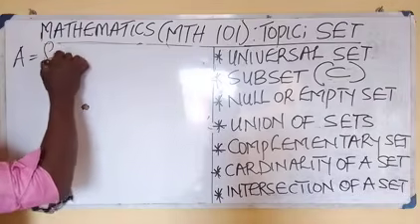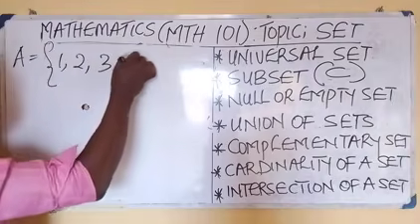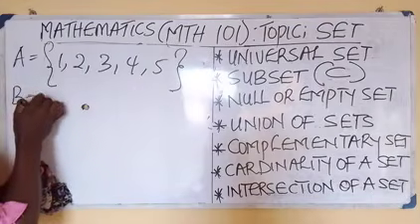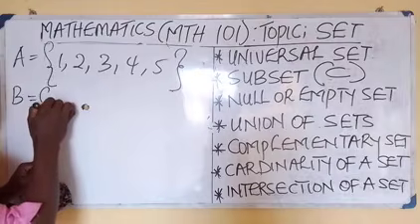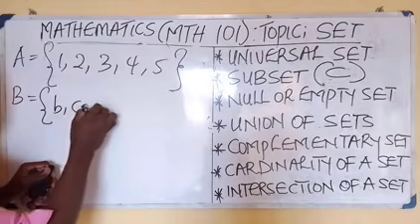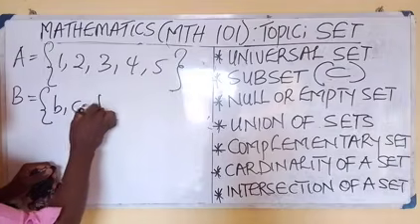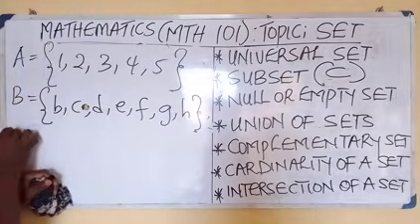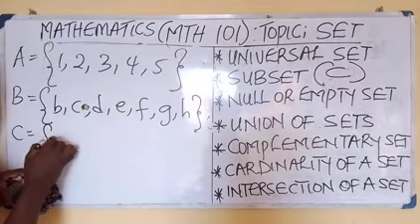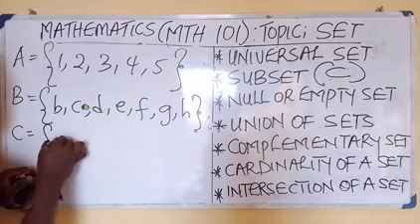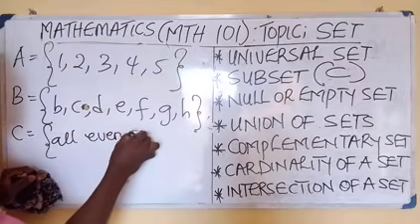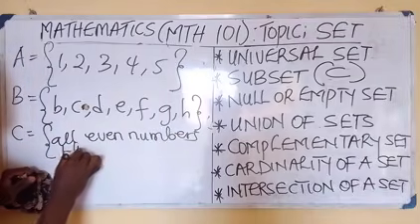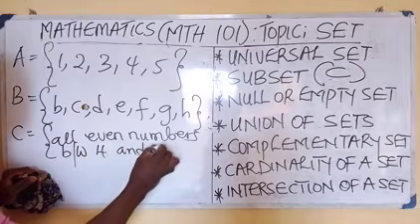Look at this, if I have 1, 2, 3, 4, 5. And I have B to be A, B, C, D, E, F, G, H. Then I have C to be maybe all even numbers between 4 and 10.